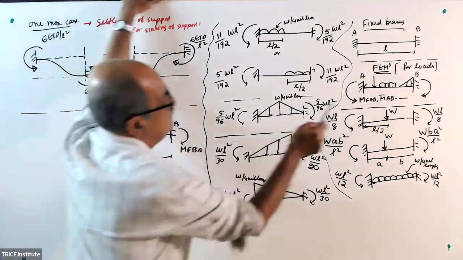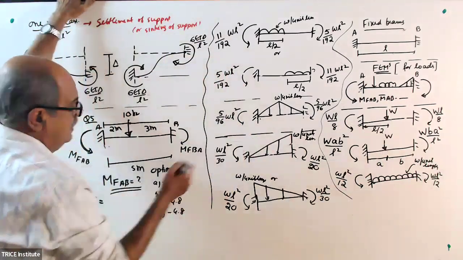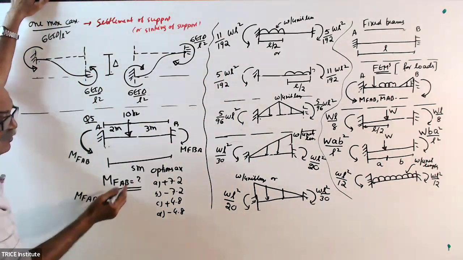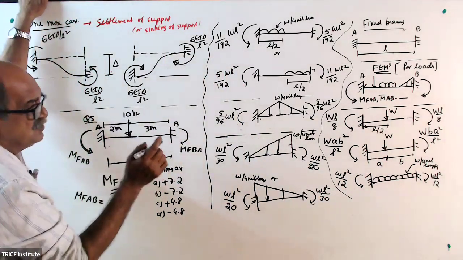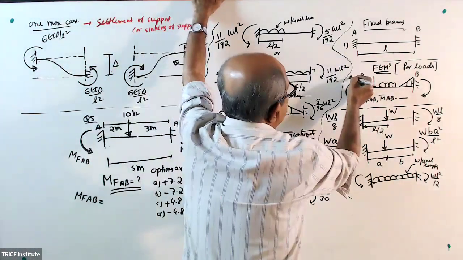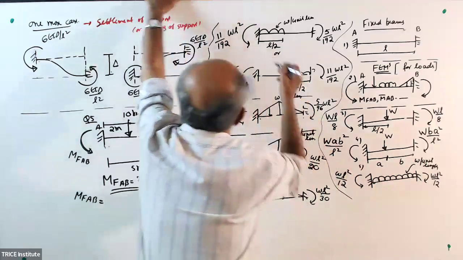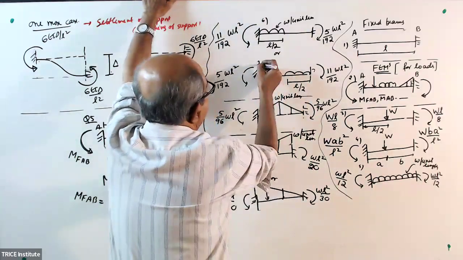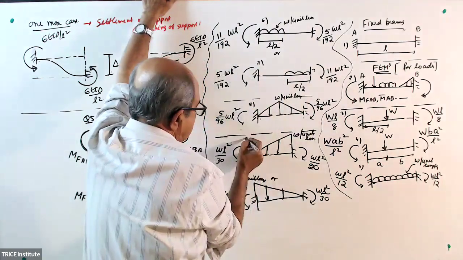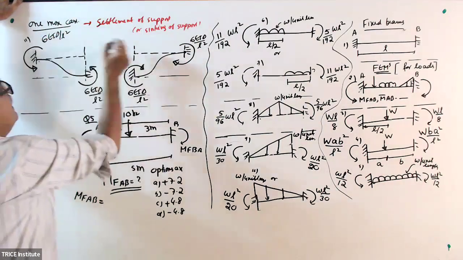Which formula? This formula, right there. I want you to write the formula first. You write here, put some numbers here: 1, 2, 3, 4, 5, 6, 7, 8, 9, 10, 11, 12.